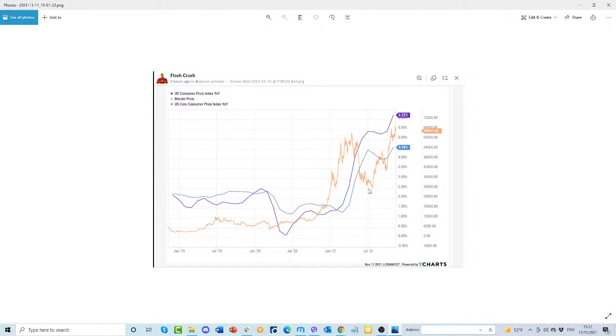This move down has a little bit of decoupling of these two things, and now we are seeing they actually realign together on the upside, especially in the last couple of weeks. So maybe there is something to it for Bitcoin as an inflation hedge.